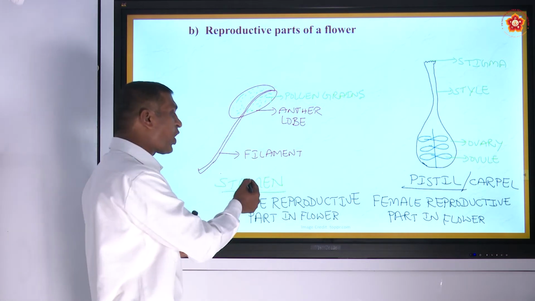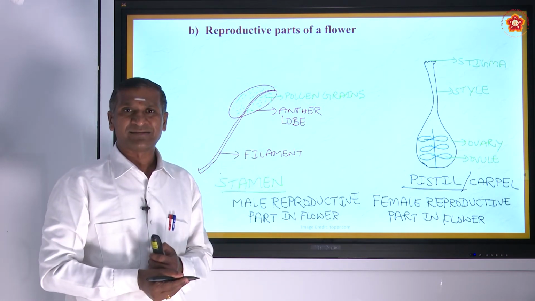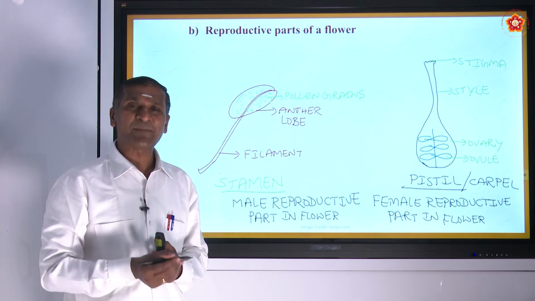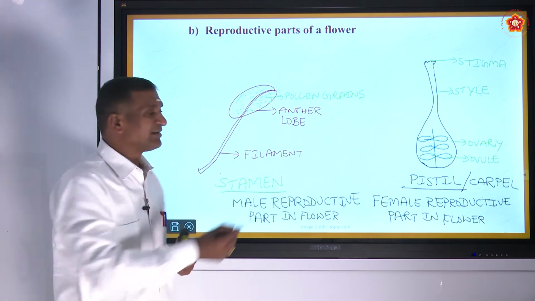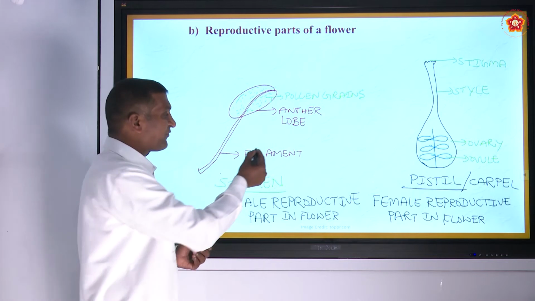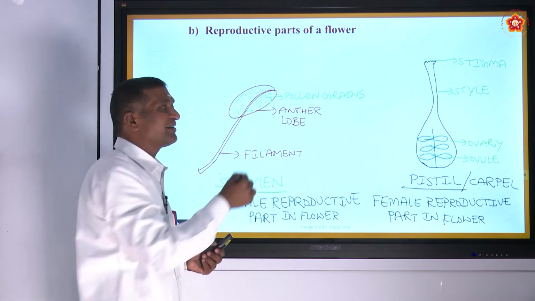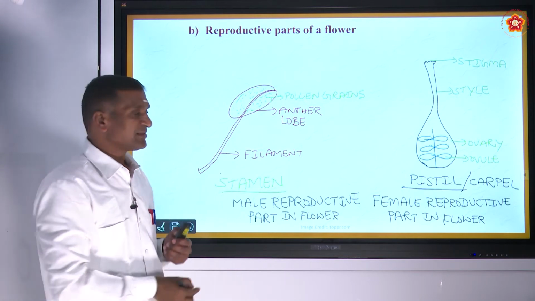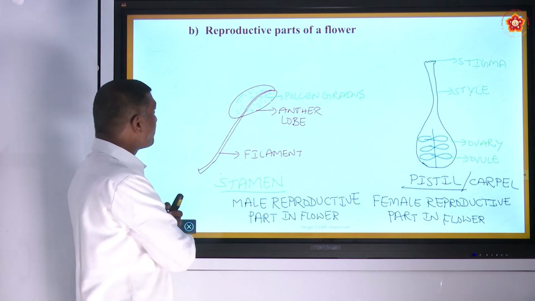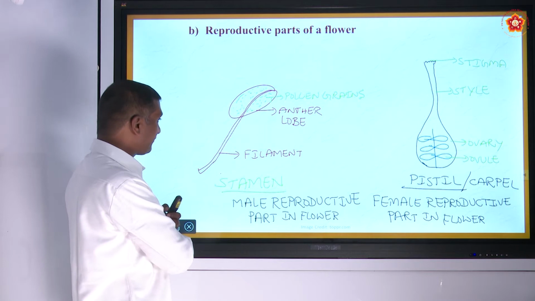If they ask, draw the stamen, which is the male reproductive part in a flower, a simple diagram with a filament, anther which has anther lobes and inside the pollen grains. So this is about the reproductive parts of a flower.